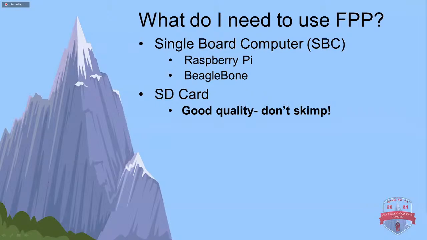Also, you need to be careful of online vendors. There's a lot of counterfeit SD cards floating around that claim a higher transfer rate or capacity. So just be careful on some of the online vendors. And depending on your computer, you might need a micro USB card adapter to be able to read and write to your card.